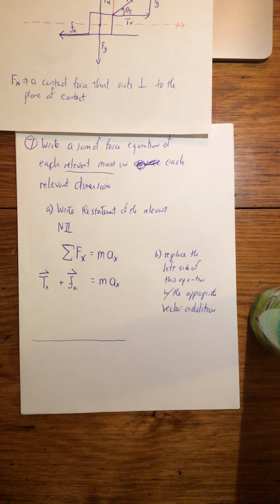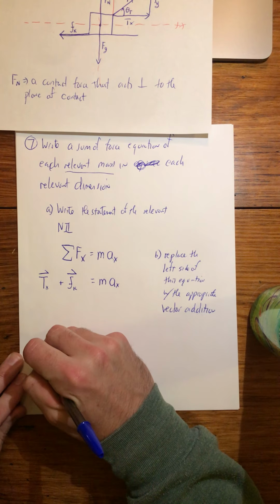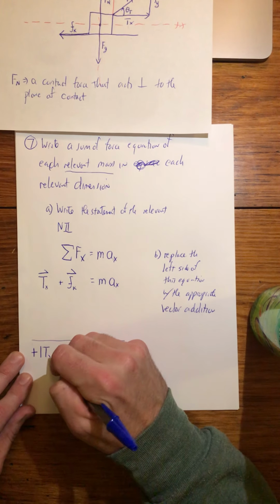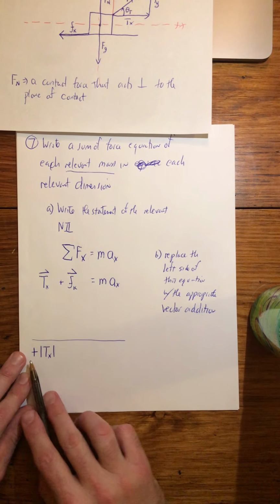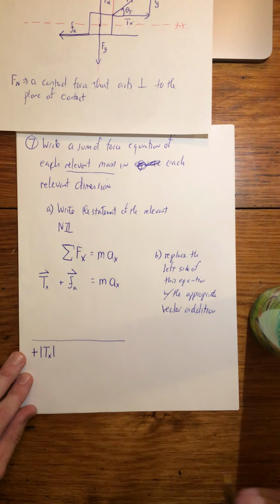I can impose directionality now. This is the way that I'm going to do it. I think it's neater. I can say, I know I'm acting in the positive x direction, and that's going to be Tx. Now, I've dealt with the vector nature of the Tx vector by putting the positive sign there, and this is just saying positive that magnitude, right?